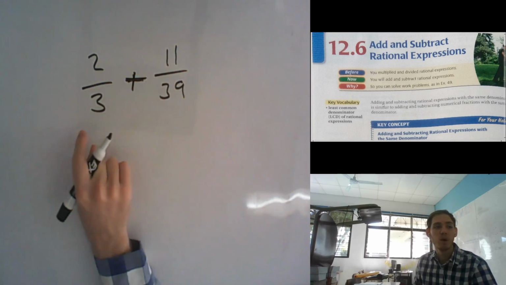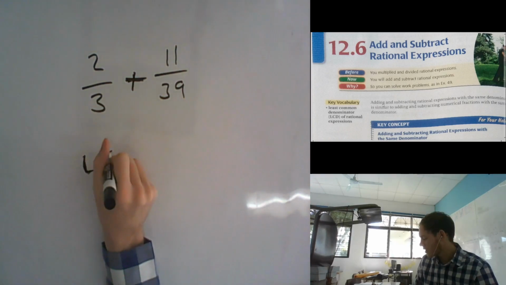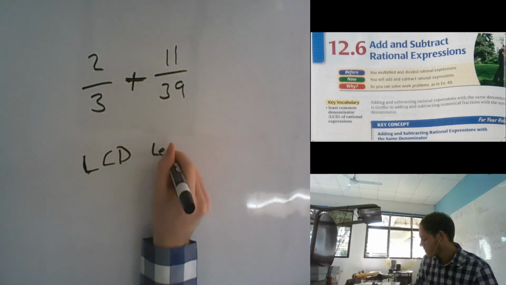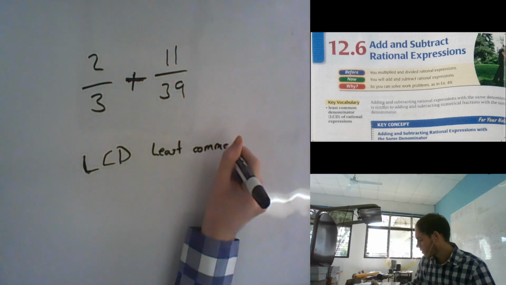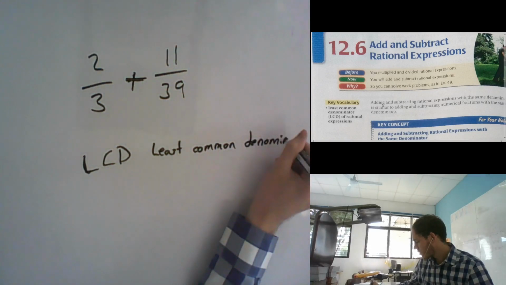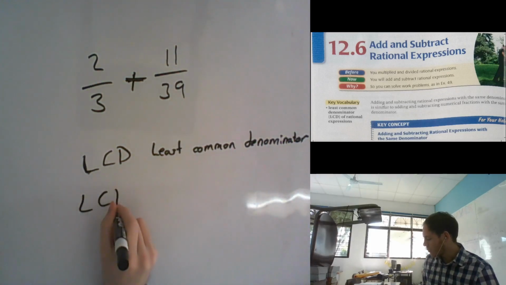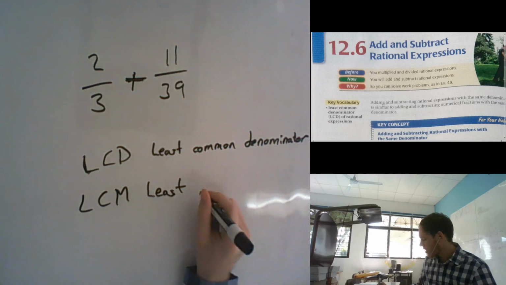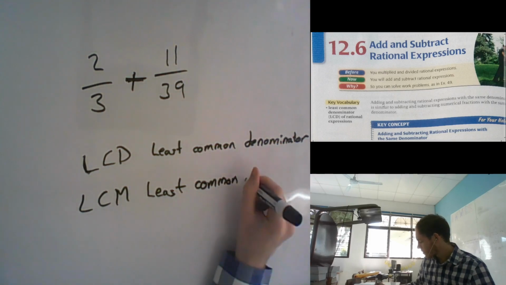Well, we have to see what's our least common denominator. Or we need to see our least common multiple. It's the same thing for the purpose of this, but it's important.